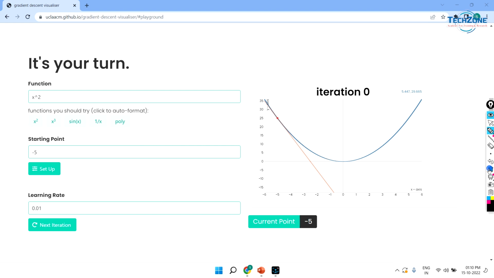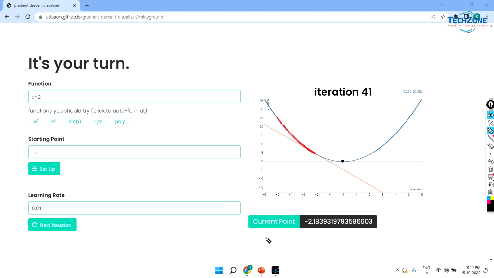Let us see. So learning rate is same, 0.01, and see, exactly what we were expecting, right? So slowly it will go and it will come to the global minima.